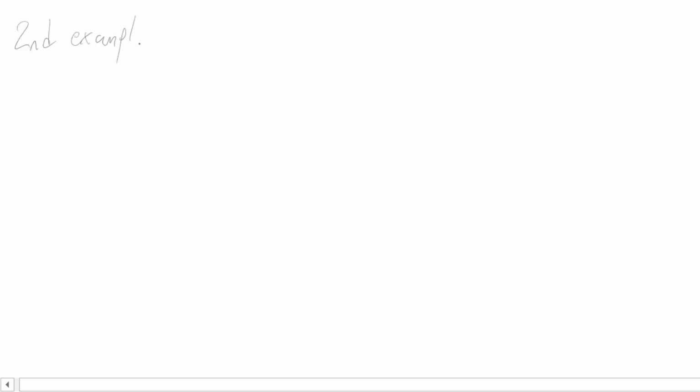So looking back at our second example, when y prime plus 1 over x plus 3 times y equals 0, in this case, it's already of the right form, and we want our integrating factor, which we'll call f, to be e to the antiderivative of 1 over x plus 3. And so you should hopefully remember from calculus that the antiderivative of 1 over x plus 3 is ln of x plus 3.